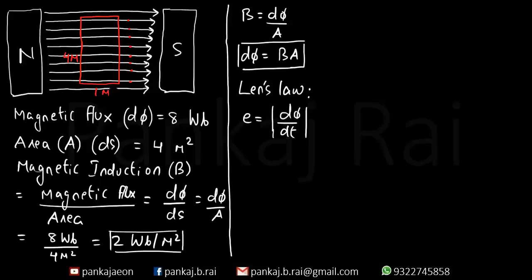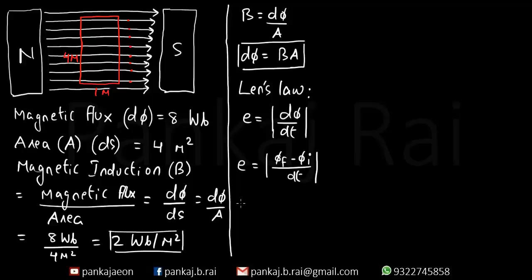Now this formula can also be written as E is equal to mod of d phi, the change in magnetic flux, let's say the final flux minus initial flux, with respect to time. So this is another formula for induced EMF.